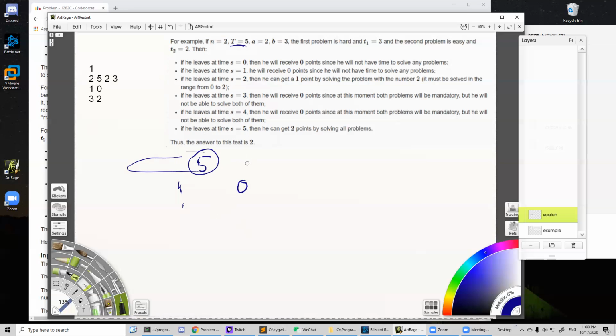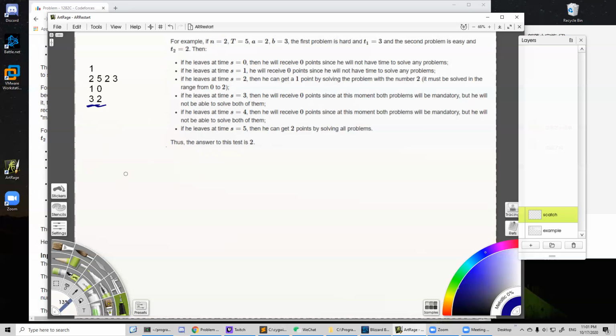So how can we solve this problem? First we can sort all these problems by the time they become mandatory, right?